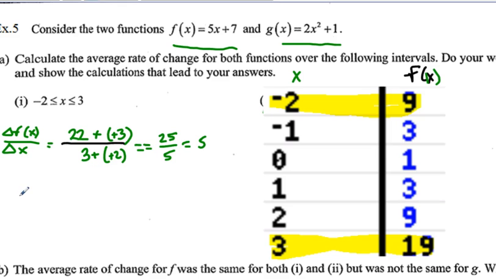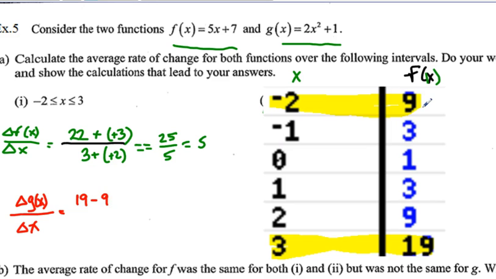So average rate of change is basically slope, right? Change in the y, which in this case is g, over change in x. Rise over run, right? Our change in the y goes from 9 to 19. I'm always doing the one that came later minus the one that came earlier.